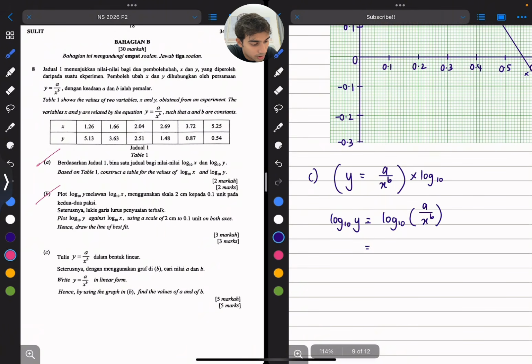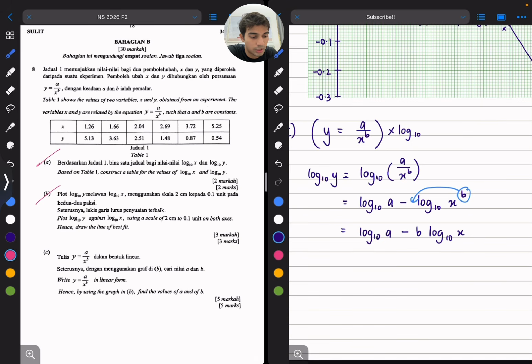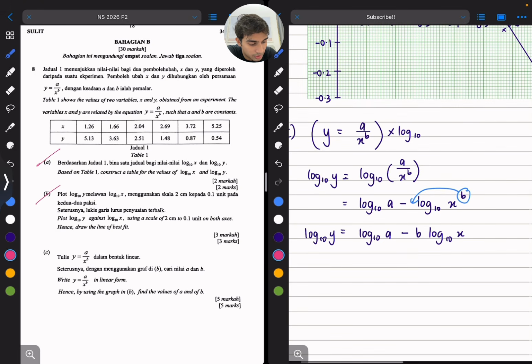Since this is divide, we can split it into minus. So log 10 a minus log 10 x^b. Then the power we can bring forward. So this will become log 10 a minus b log 10 x. Now to linearize, we need to get it in y = mx + c form.